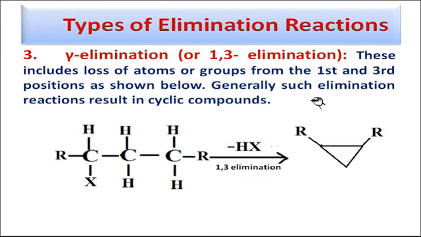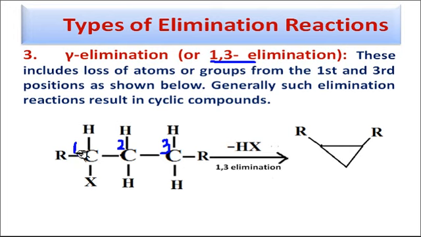The third category of elimination reaction is gamma elimination, which is also known as 1,3 elimination. By the name, it is very clear that elimination now takes place from the first and the third carbon atoms. That is why it is 1,3 elimination. Let us look here at the first, second and third carbon atoms.